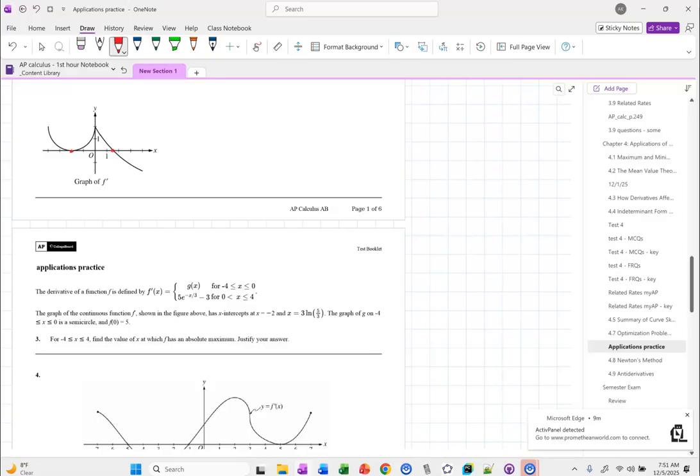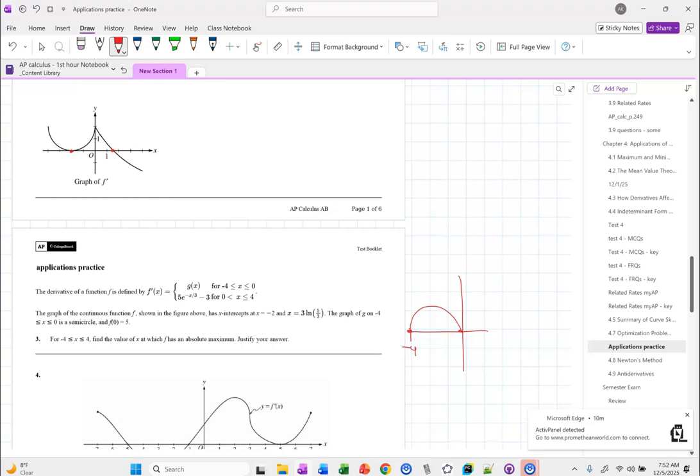The graph of g on negative 4 to 4 is a semicircle. What does that mean? Yeah, like a half a circle. So if we're going to draw the graph from negative 4 to 0, there's my semicircle, right?